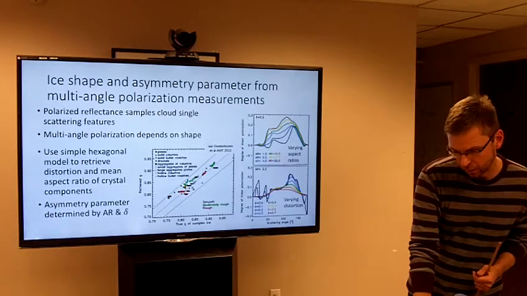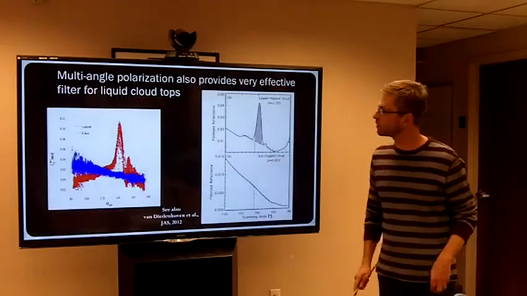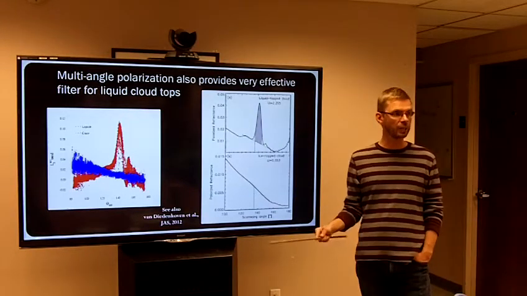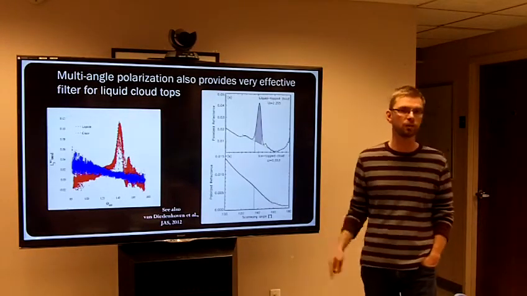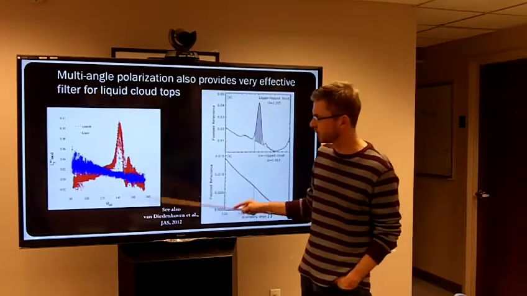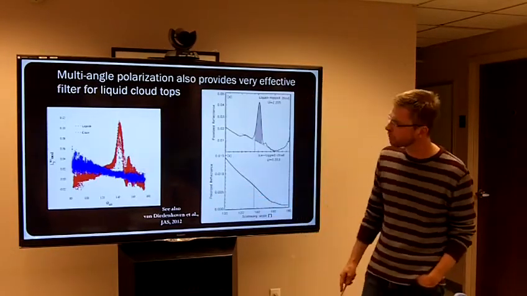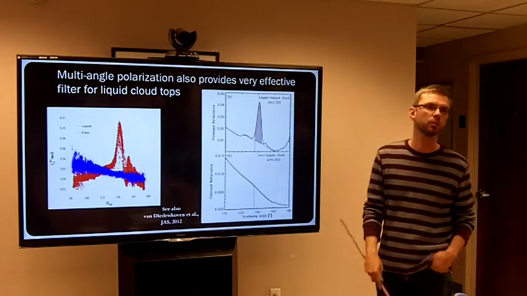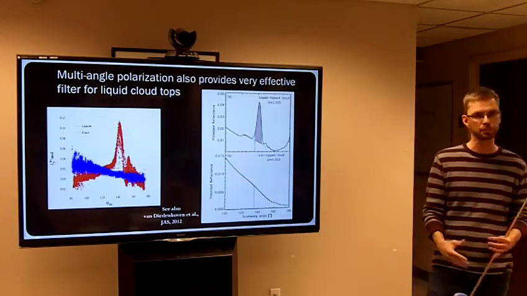Another nice thing about polarization is that liquid drops and ice look very different in the multi-angle polarization signature. For drops you see the rainbow, which is very highly polarizing.